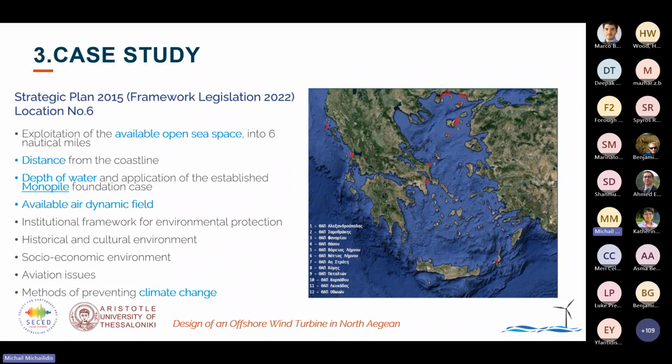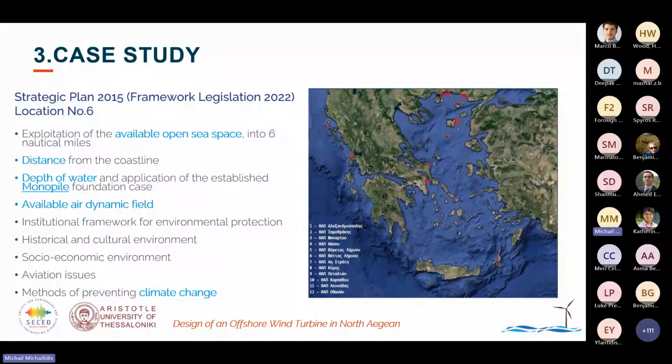This strategic plan had some key milestones that we should refer to. This plan was based on the monopile technology at the moment that this has been established, and as being the favorite option, these locations have been selected as suitable for the monopile foundation.